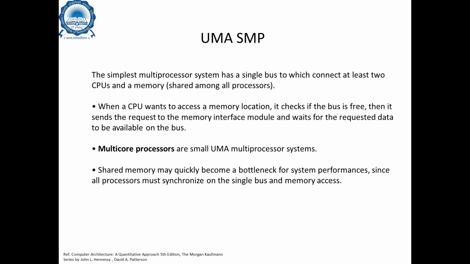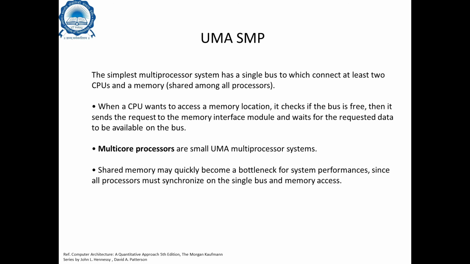Then it sends a request to the memory interface module and waits for the requested data to be available on the bus. These multi-core processors are small UMA multiprocessor systems, and shared memory may quickly become a bottleneck for system performance, since all processors must synchronize on a single bus and memory access.